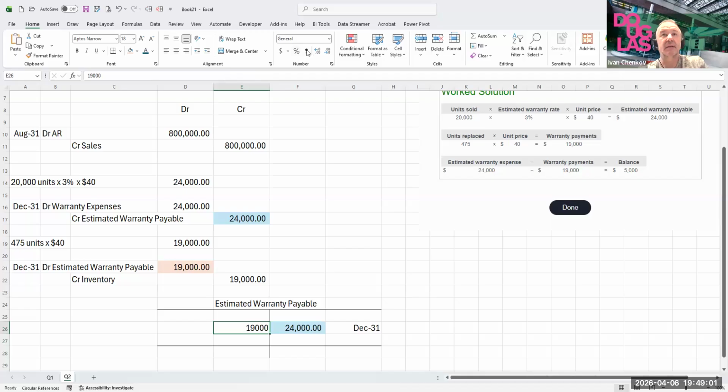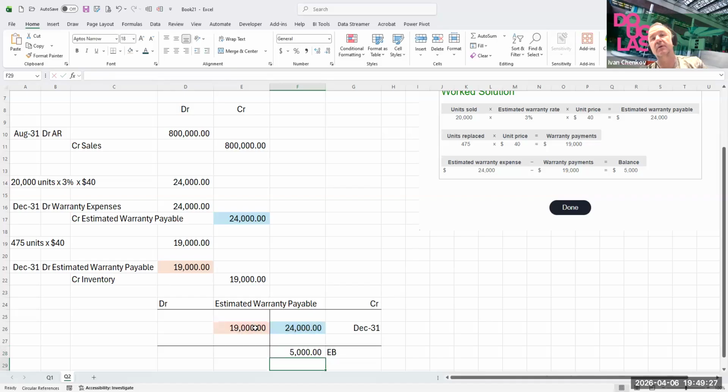Now, since this is a liability account, the normal balance will be credit. So the ending balance of this account will be credit. It's credit on this side, debit on the other side. The credit ending balance of this account will be equal to 24 minus 19.